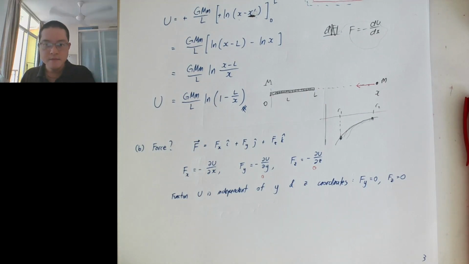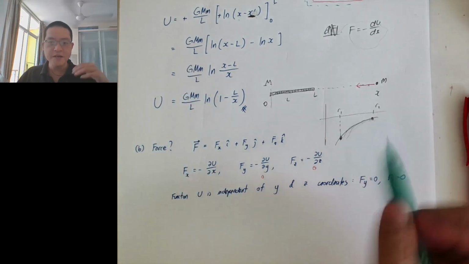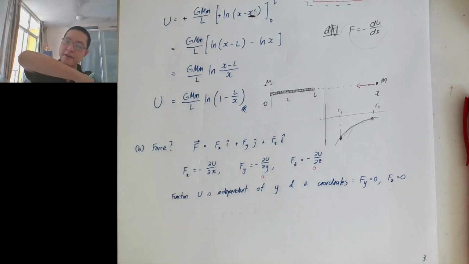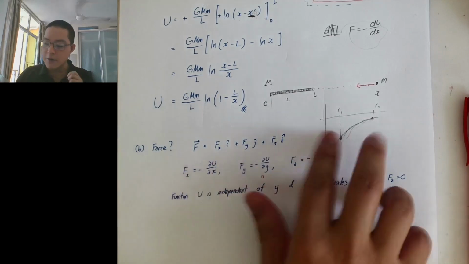So it's because of the slope of the graph rather than actually the value. I will come back to this later.